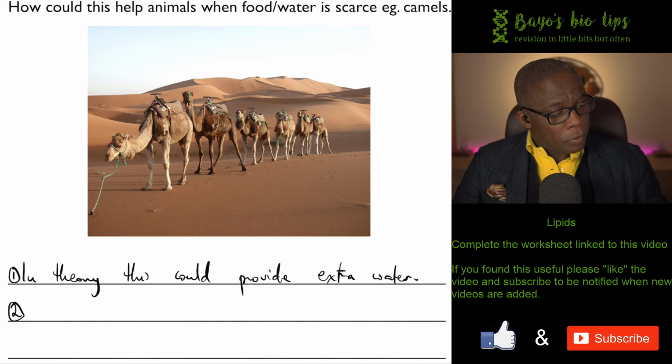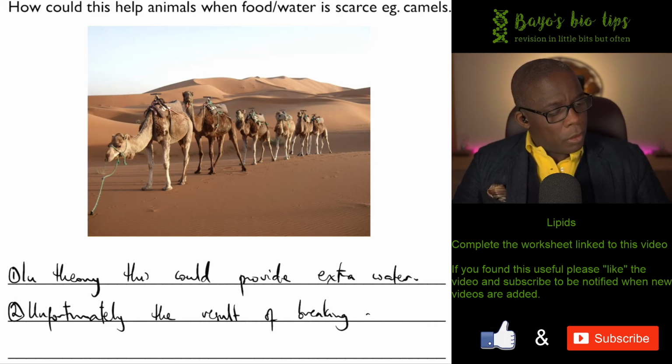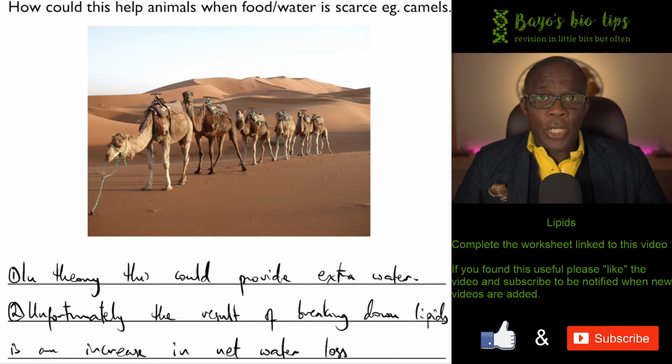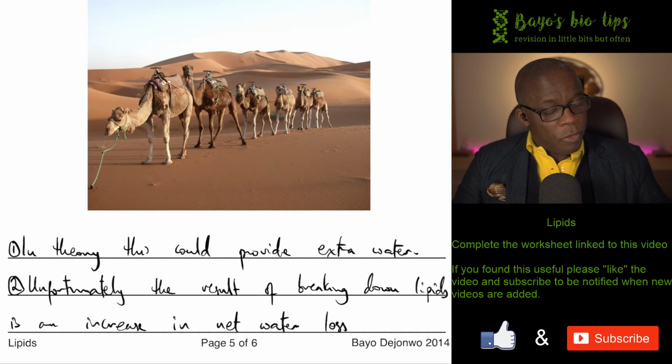Okay, so unfortunately, the result of breaking down lipids is an increase in net water loss due to gaseous exchange, in essence, and as a result there would actually be eventually a disadvantage at doing this, because you'd end up with even more water being lost than usual, or than from something, for instance, like a carbohydrate.